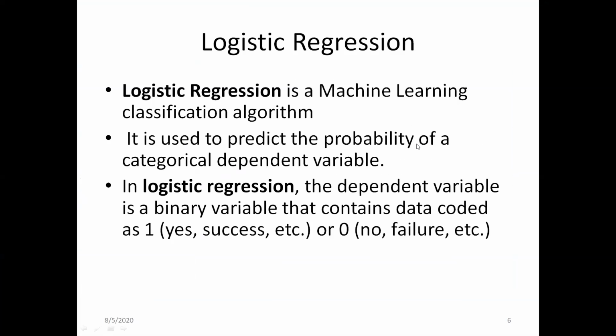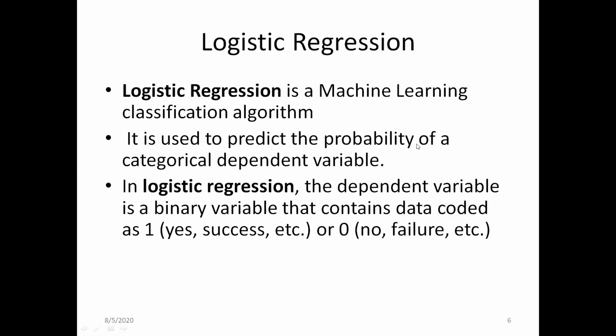So logistic regression is a machine learning classification algorithm. We call it a classification algorithm due to the decision making it is able to perform, right? So it classifies, it takes a decision, it makes a conclusion, either a yes or no, right? So that is what a classification technique is. And this logistic regression is a classification algorithm. It is used to predict the probability of a categorical dependent variable.